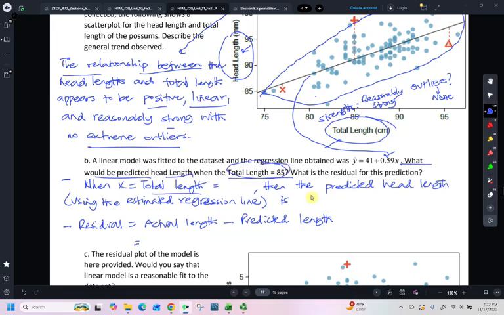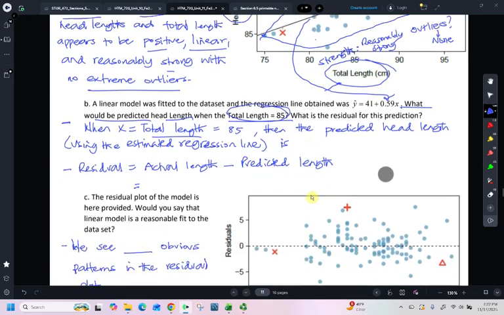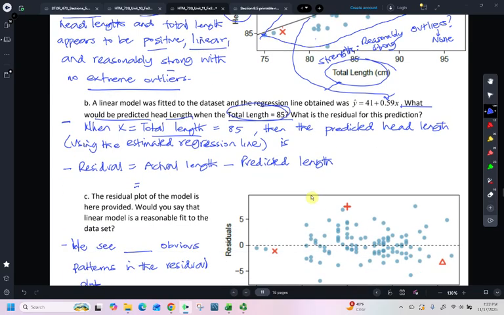When the total length is 85, the predicted head length using the estimated regression line is y hat equals 41 plus 0.59 times 85, and that should give about 91.5. This is the predicted value.